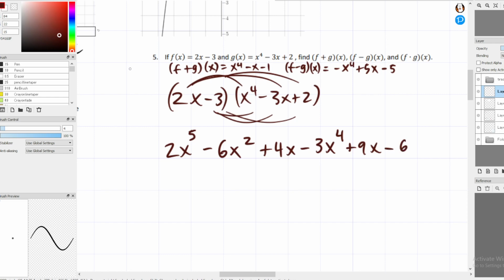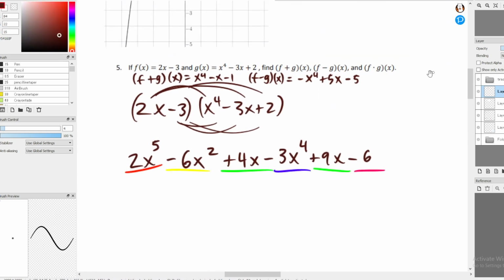Now we're going to underline all our like terms. And I'm starting to feel like maybe we won't have too many. But that's okay. Okay, so our biggest one is 2x to the 5th.